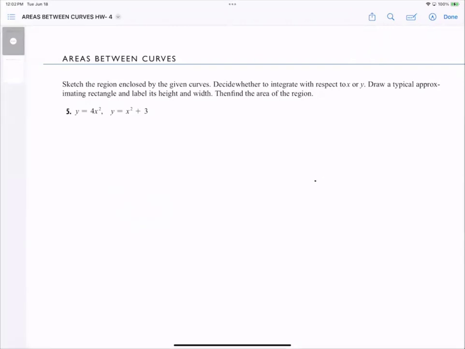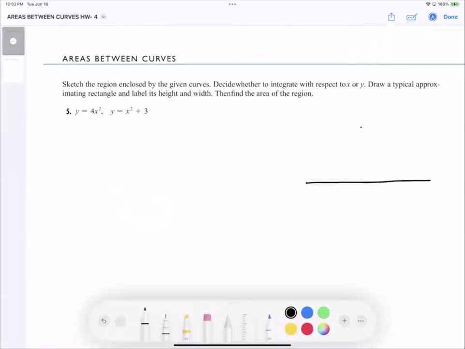Let us try our best to graph these. So x squared plus 3 means that you are shifting the graph 3 units up. You have a parabola, and this is your typical parabola that you know how to graph.